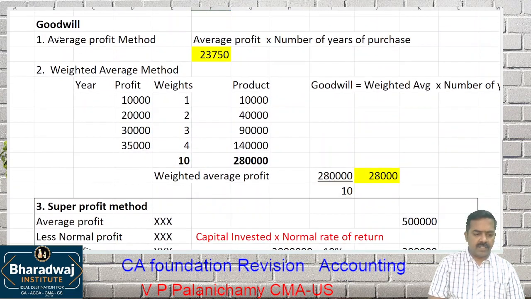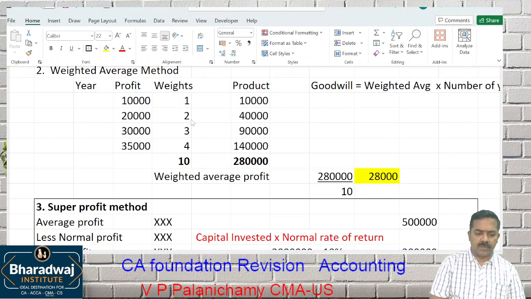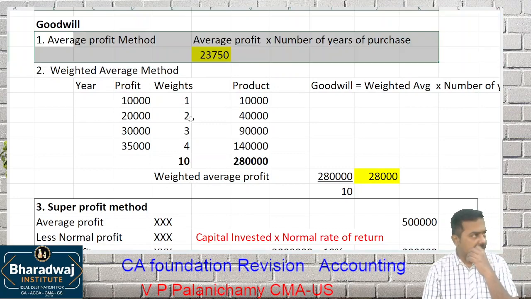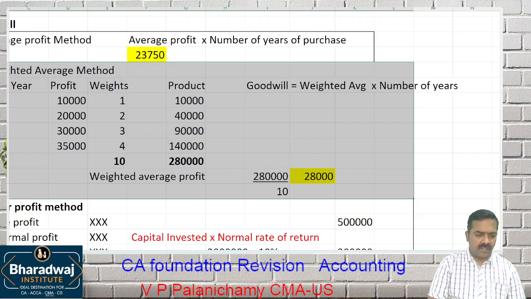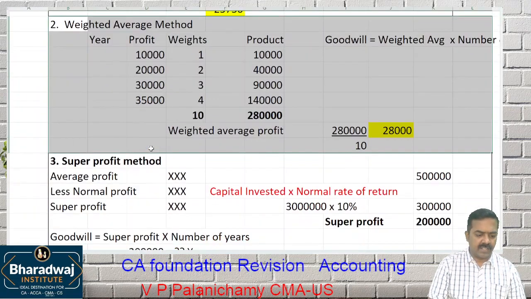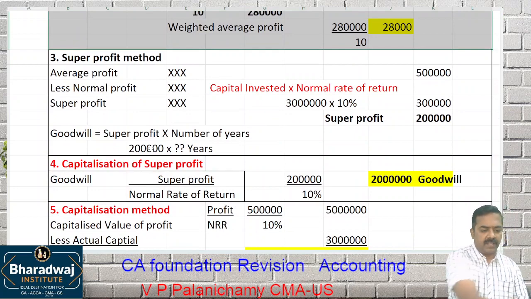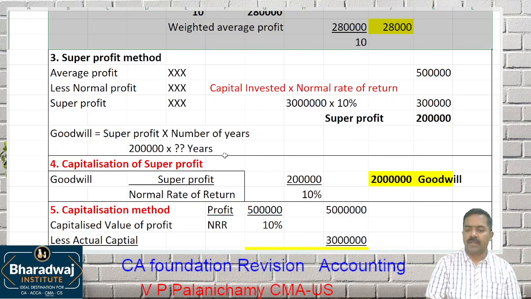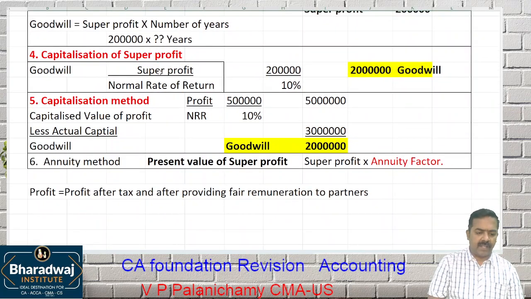Do you understand? Simple average profit, total of profit divided by number of years, will give us what? Simple average profit. Based on that, goodwill can be valued. Weighted average profit: when the profits are increasing, you assign the weights and work out. Super profit: average profit minus normal profit will give us which profit? Super profit. Based on that, goodwill can be valued. You capitalize the super profit.